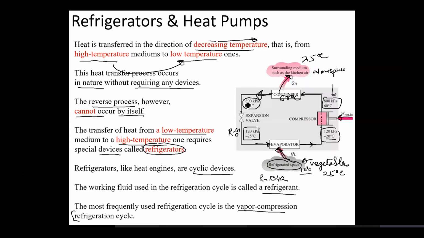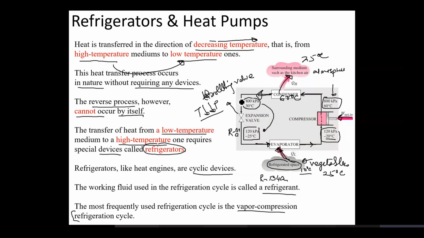In order to do that, the refrigerant is passed through an expansion valve or throttling valve, which results in a decrease in pressure and a substantial decrease in temperature. If you remember, during the throttling process that we have studied, pressure decreases significantly and so does the temperature. And in such a case, the pressure and temperature both come back to the original condition of 120 kilopascal and minus 25 degrees centigrade. That's how the cycle gets completed.